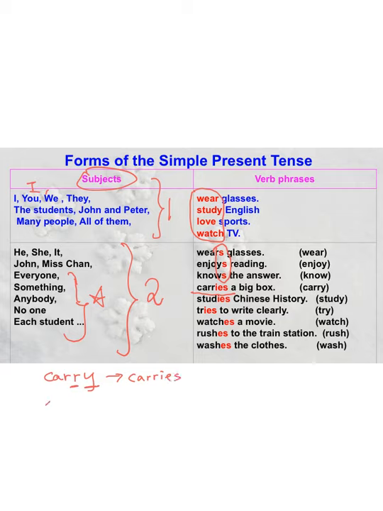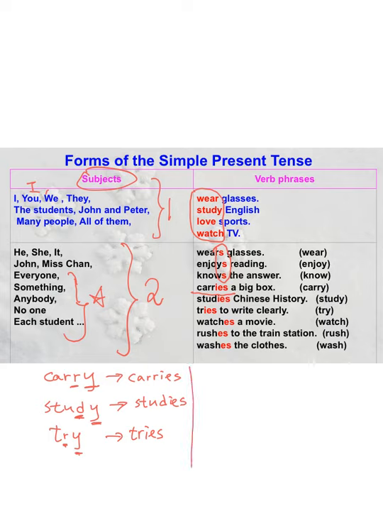Another example, study. The verb study ends with a consonant d plus y, so y becomes ies. It forms studies. How about try? Try ends with the consonant r plus y, just like carry, so it becomes tries.